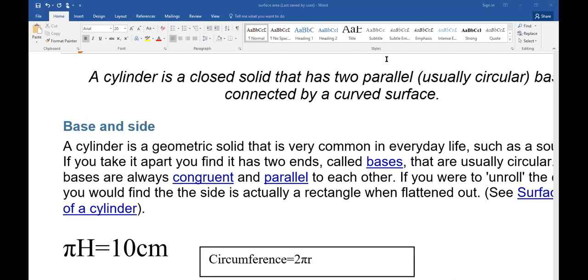Okay, can you calculate the volume of a cylinder with radius 7 centimeters and height 12 centimeters?